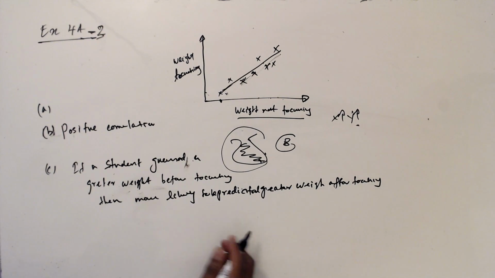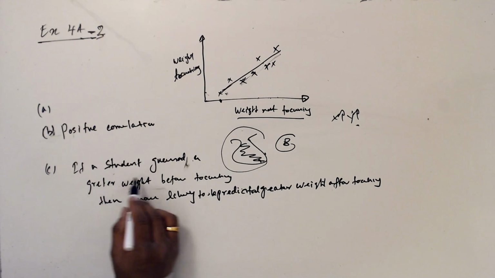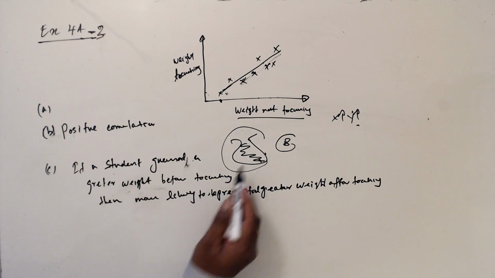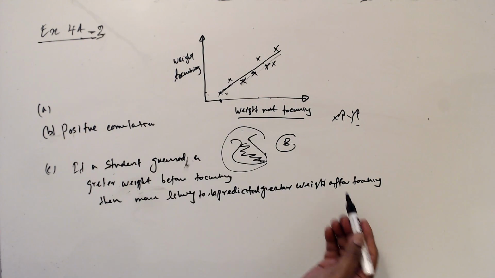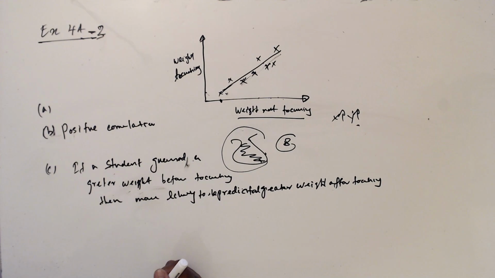If a student gets a greater weight before touching, then more likely to be predicted a greater weight after touching.